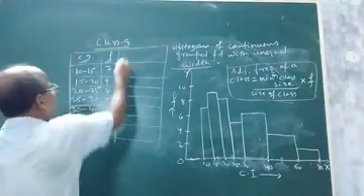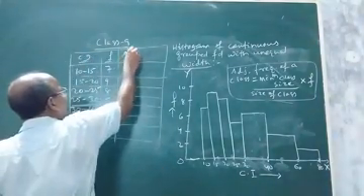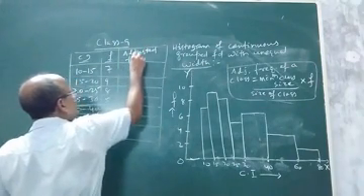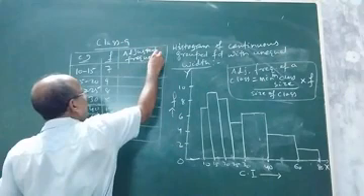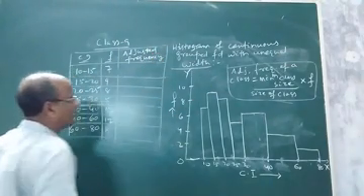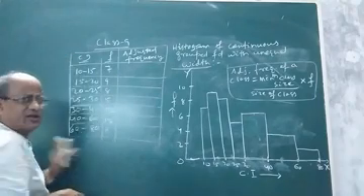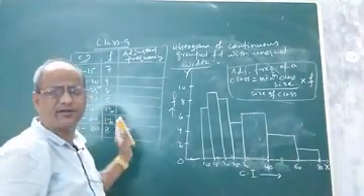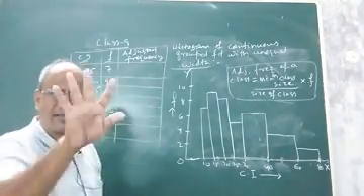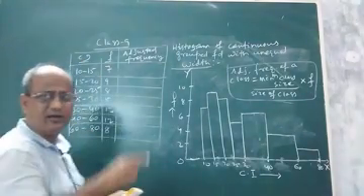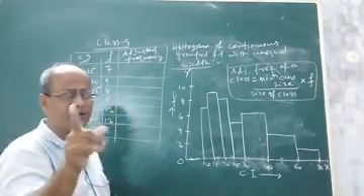Okay, so now you have to find the adjusted frequency using that formula. What is the minimum class size in this distribution? In this continuous group frequency distribution, the minimum class size is 5, because here it is 10 and in the last 2 classes it is 20. So out of 5, 10 and 20, the minimum is 5.